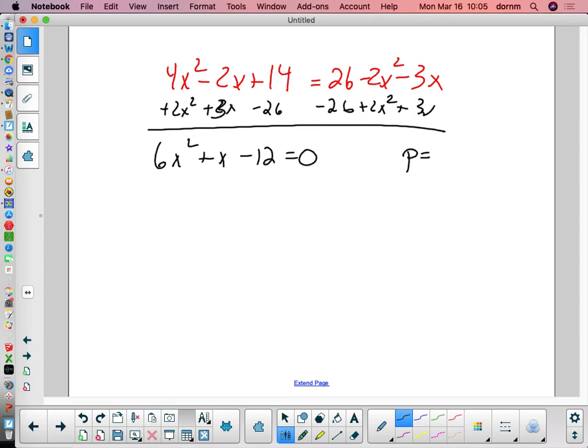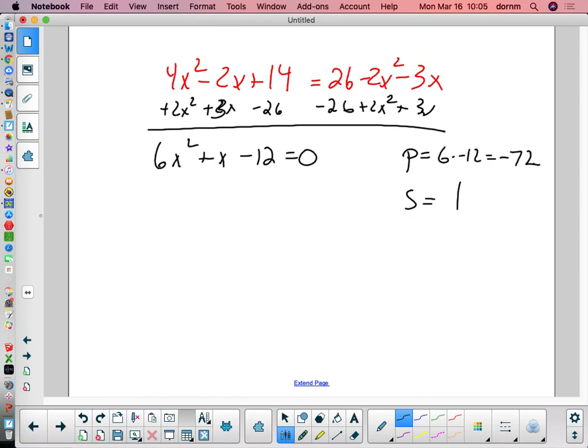Product has to be 6 times negative 12, which is negative 72. My sum has to be 1, 1x. So what two numbers multiply to give me a negative 72 and add to give me a 1? No, that wouldn't give me an add to 1. 8 and 9. Which one would have to be the negative one?